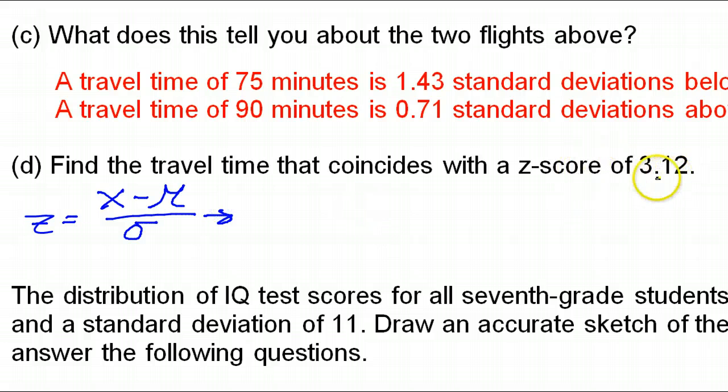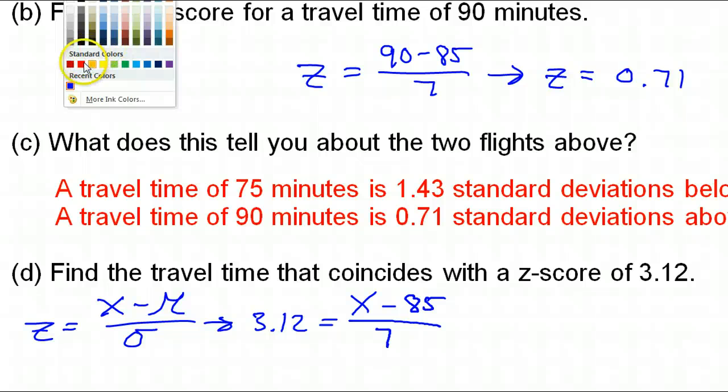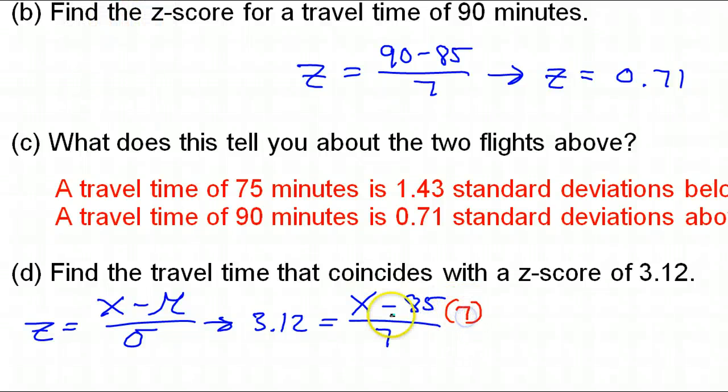If we're given a z-score of 3.12, then 3.12 is equal to some travel time x minus the mean, which was 85, divided by the standard deviation, which was 7. It's just a matter of solving this equation for x. You would solve this by multiplying by 7 on both sides, so that the 7s cancel each other out.